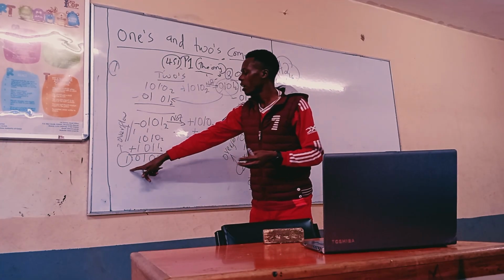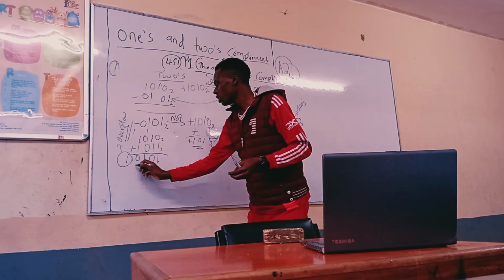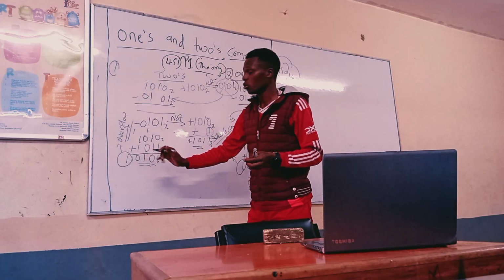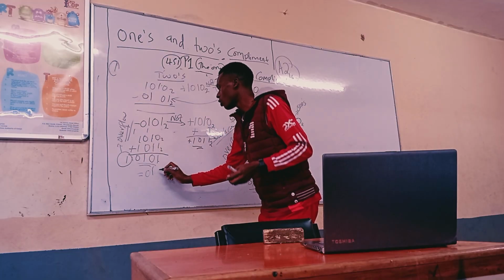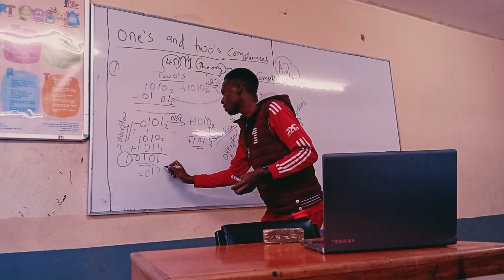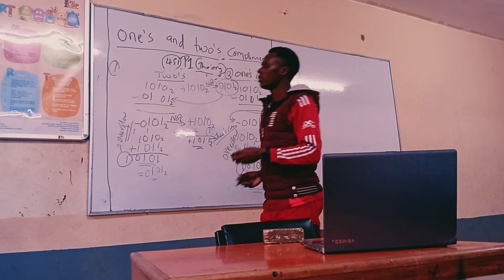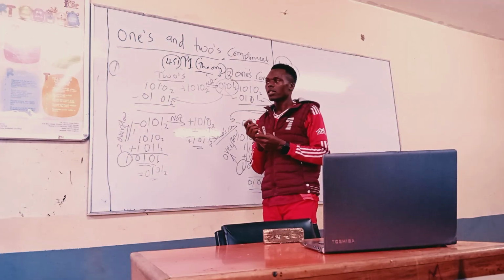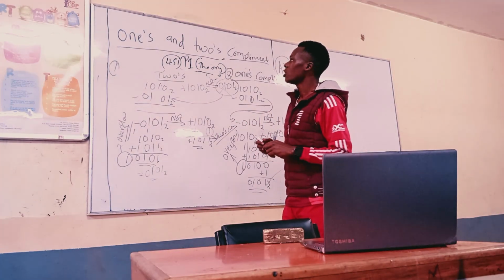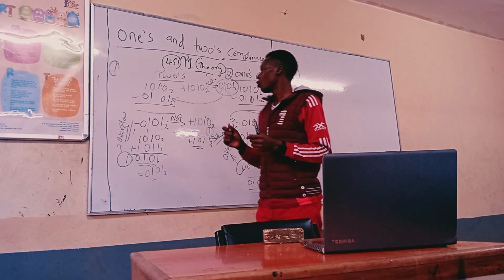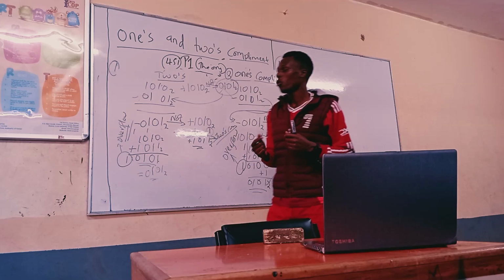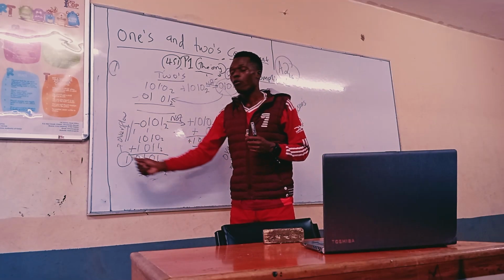After you have found the overflow, you ignore it. So here in 2's complement, you ignore that overflow and write 0, 1, 0, 0 and write the rest. So when you're asked to state the difference between 2's and 1's complement, it is how you are adding the 1 and how you are using the overflow.